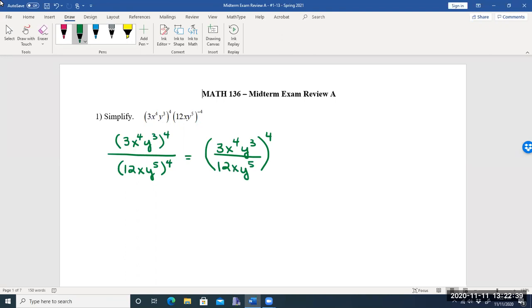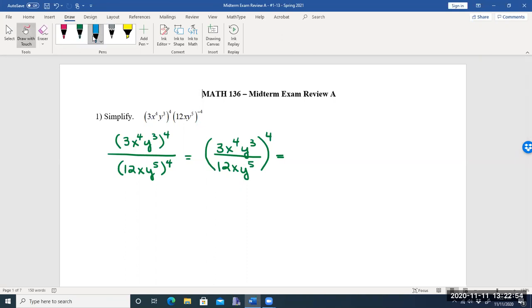So it is totally up to you. You could also just start raising everything to the fourth power. So I made it into a quotient here, raised to the fourth power.